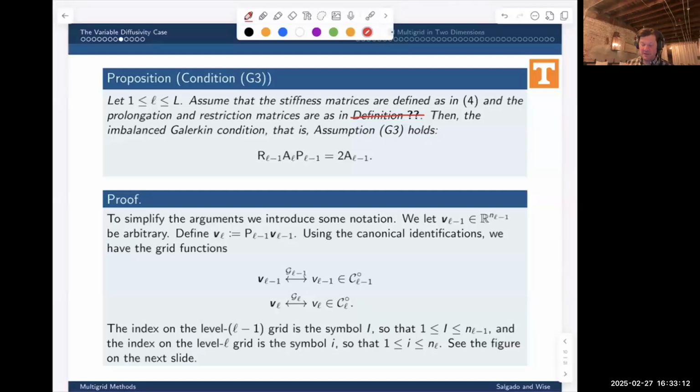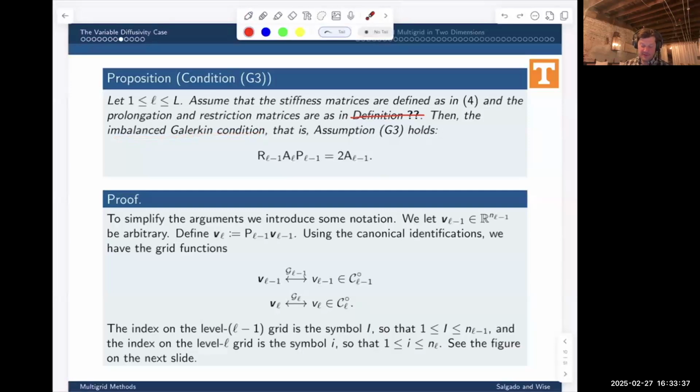It's not the standard Galerkin condition, right? It's an imbalanced Galerkin condition. The reason we call it imbalanced is because this condition holds as usual, except for the fact that there's a 2 over here. That's what we call the imbalanced Galerkin condition.